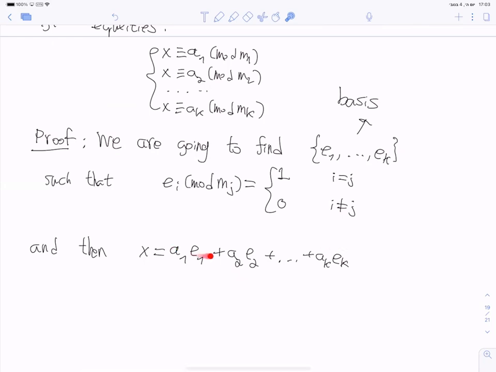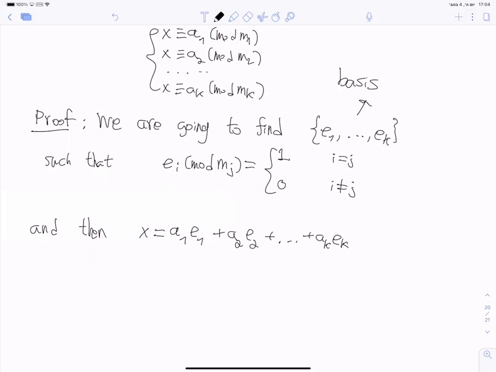So this solution is the unique solution of the system modulo the product M. Now we are going to see how we construct this basis. This is what we want: we want to find natural numbers Ei such that modulo Mi it is 1 and modulo Mj it is 0. So how do we construct that?